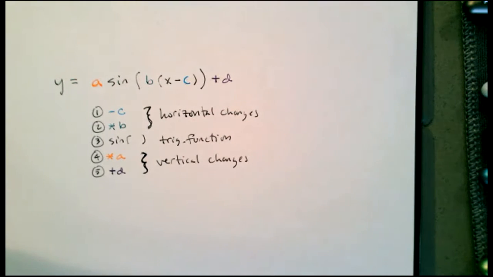We just happen to have names for certain things. For sines and cosines, the amplitude is just this number out in front. Amplitude is A.